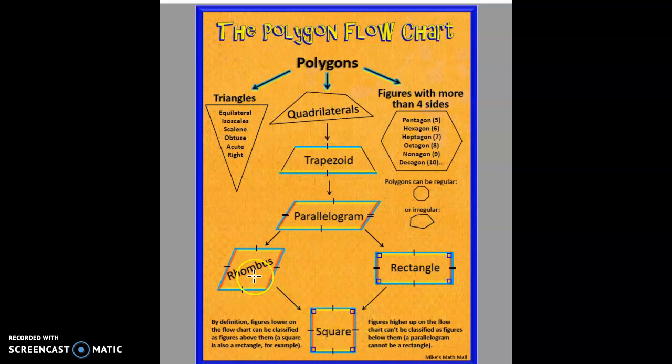You can say it's a rhombus with 4 right angles, or you could say it's a rectangle with 4 equal sides. A square is a rectangle and a square is a rhombus. Anyway, hopefully that helps you figure out which of these quadrilaterals that shape is.